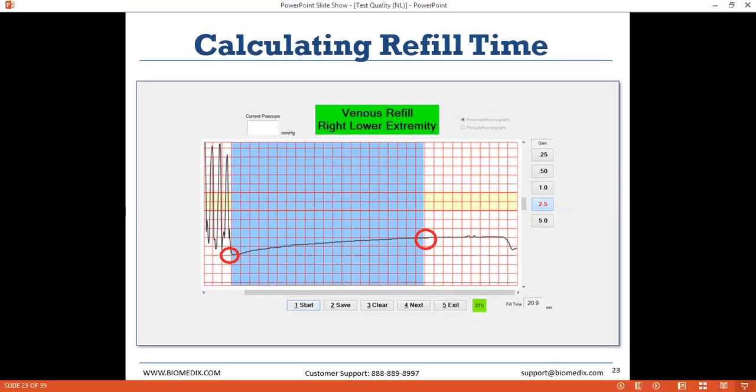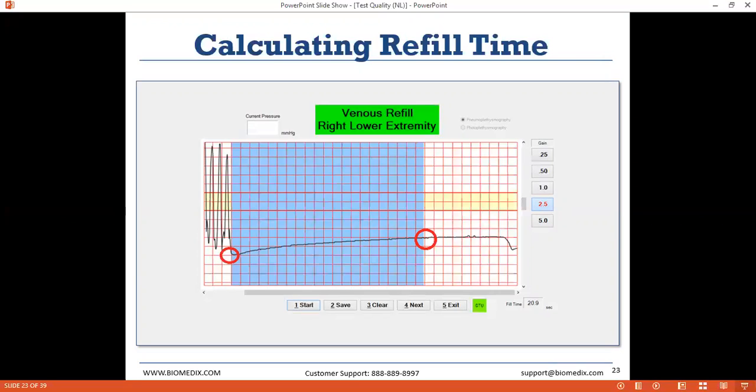The one exception to that rule is there are some patients that, for whatever reason, don't return to baseline the way that the system is expecting it to. What will happen is that the patient's trace will refill, but then it'll level off at a location below that top red line. So in that circumstance, you're going to want to pick the point where the trace stops increasing.